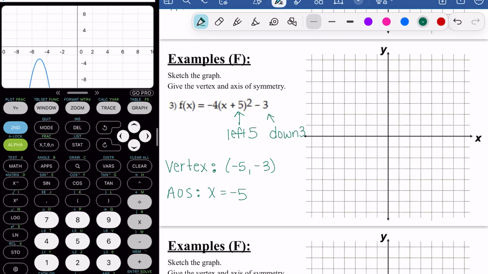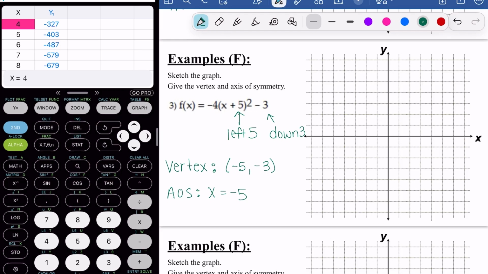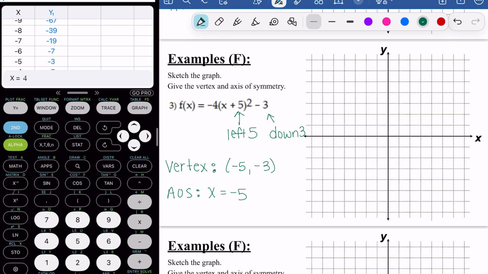Now this one's opening down because there's a negative. Okay, that 4 made it get a little bit narrower. But we can get our table, second graph. Okay, well those numbers are very large, but that's because I need to move over towards my vertex. So my vertex was negative 5, negative 3.